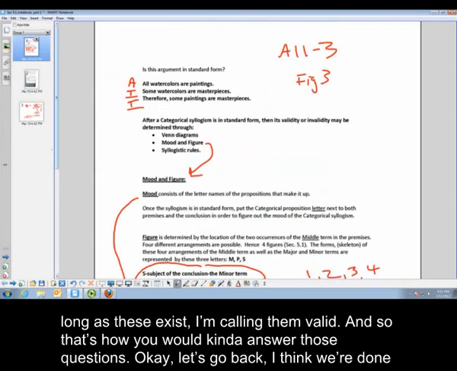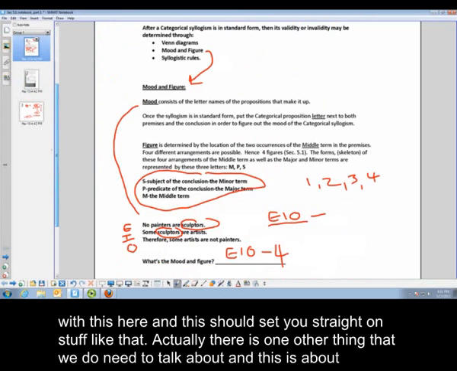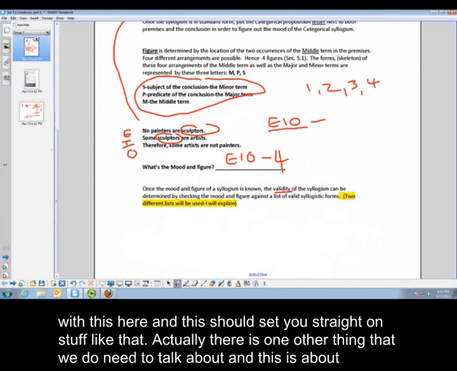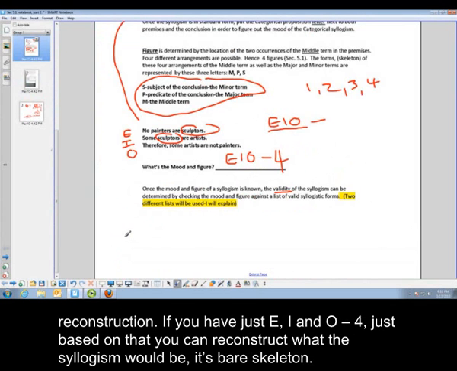Okay, let's go back. I think we're done with this here, and this should set you straight on stuff like that. Okay. Actually, there is one other thing that we do need to talk about, and this is about reconstruction. Okay? If you have just E, I, and O-4, just based on that, you can reconstruct what the syllogism would be, its bare skeleton.